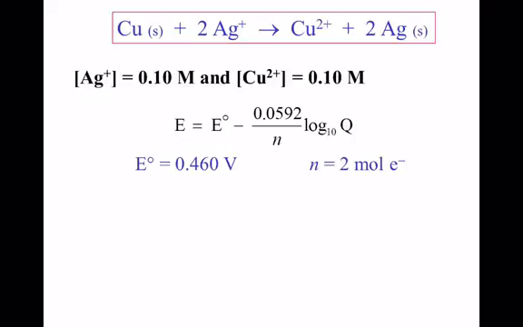So what are we going to do with the Q? We're just going to write our QC expression. Again, it's products over reactants. If there's a solid or a liquid, it doesn't appear in your KC expression, so it doesn't appear in your QC expression either. A very common mistake, and I could probably say I do this too: do you see where the balanced equation has a 2 in front of the Ag?